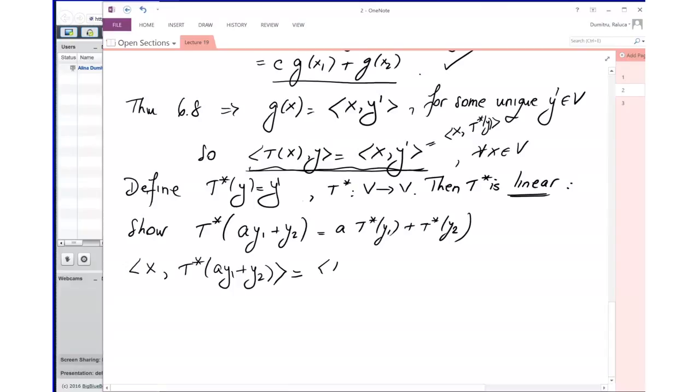So this is the same as T of x, inner product with a y1 plus y2. Which we know how to deal with a linear combination in the second argument. It will just pull the scalars out as complex conjugates. So this is a bar, T of x inner product with y1 plus T of x inner product with y2.